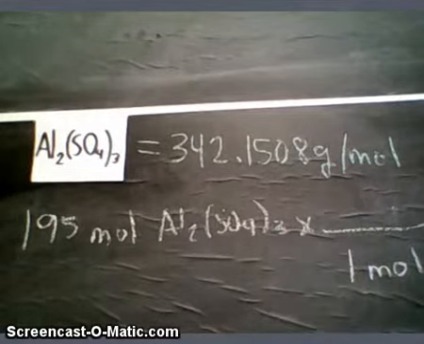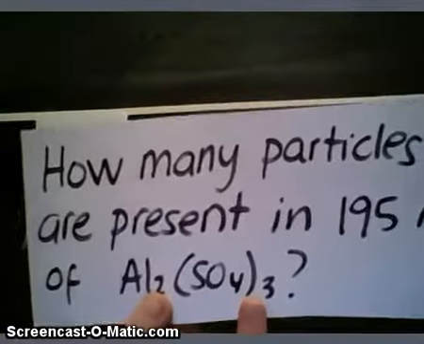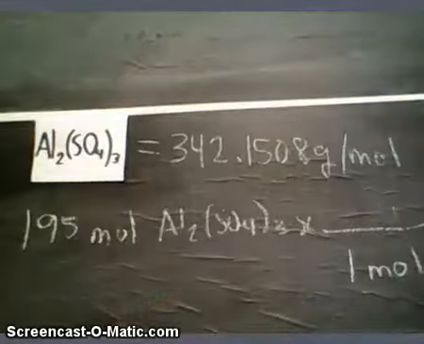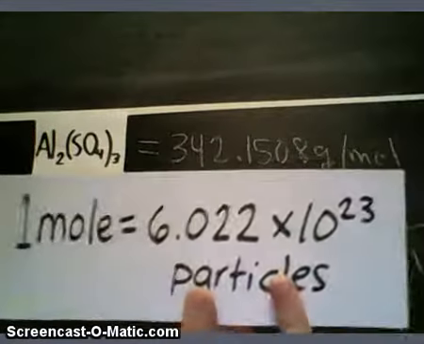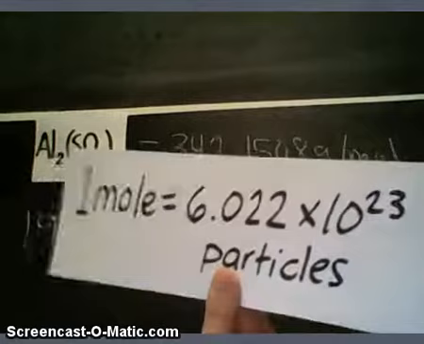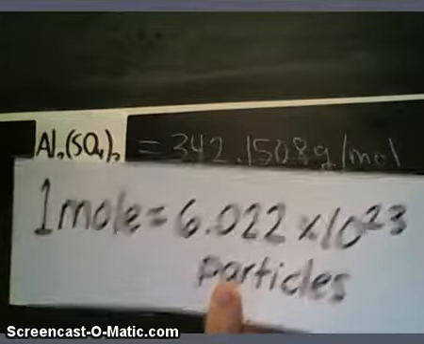And I don't want to know the number of grams. What I'm looking for is the number of particles in this substance. So to know the number of particles, I have to remember to use Avogadro's number. This number tells me that 1 mole has 6.022 times 10 to the 23rd particles.